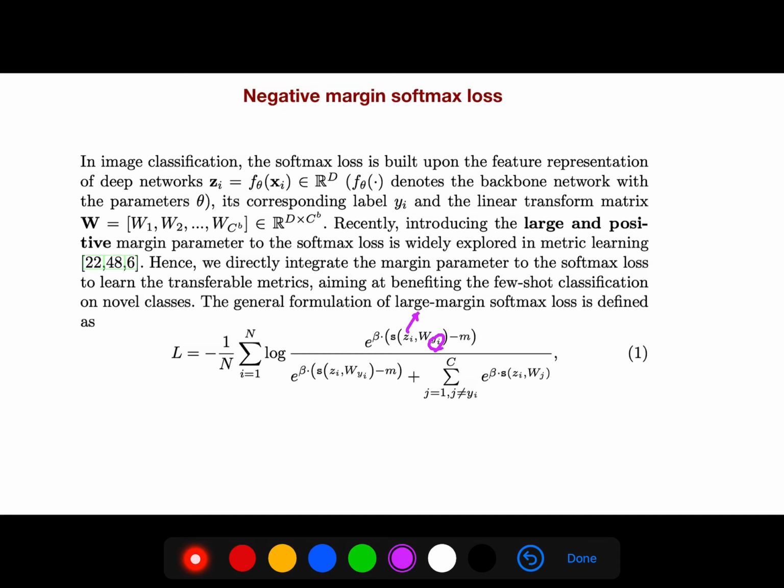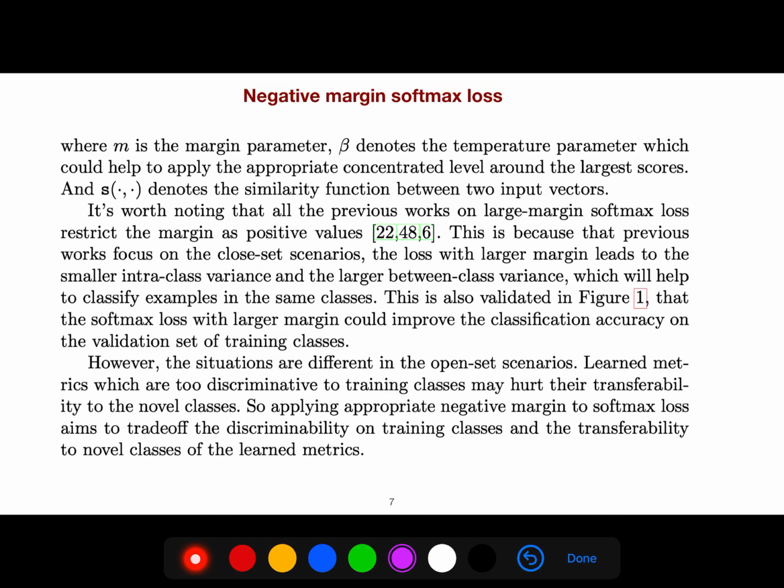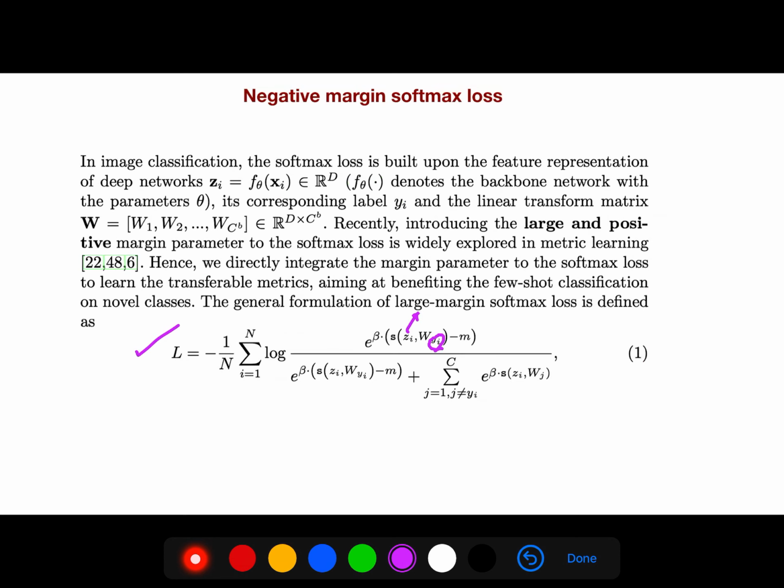The general formulation of large margin softmax loss is this loss. S is just the similarity between 2 input vectors.